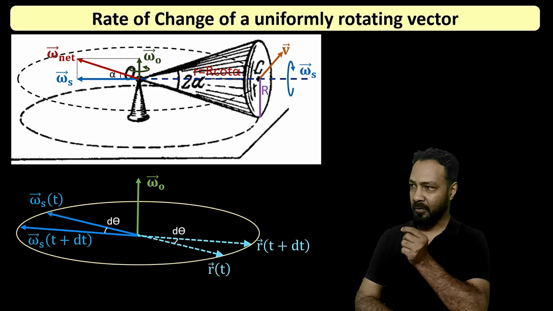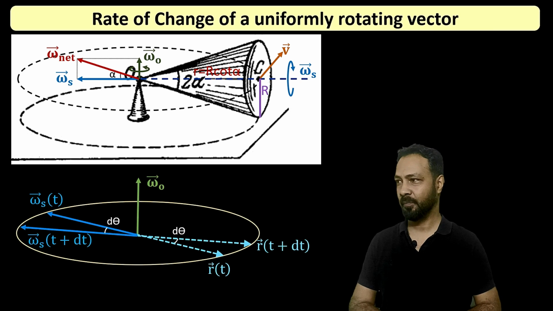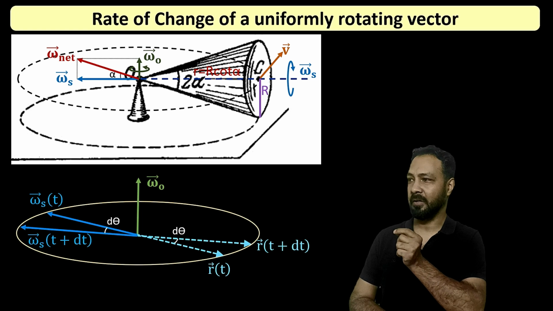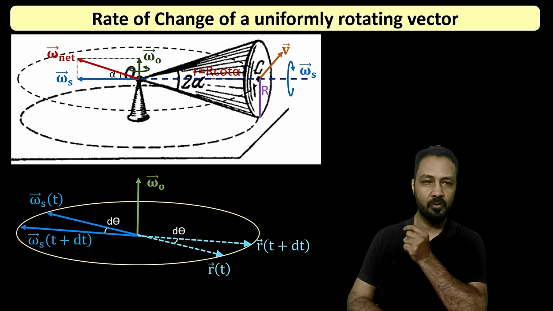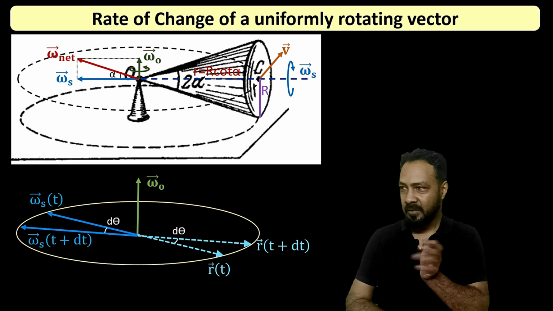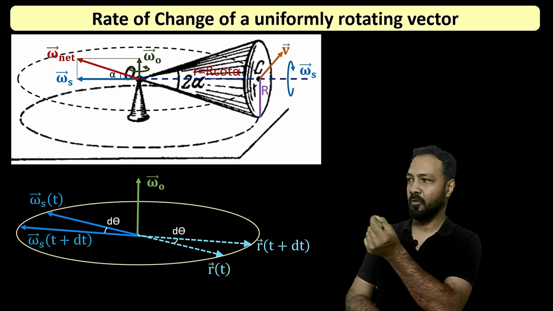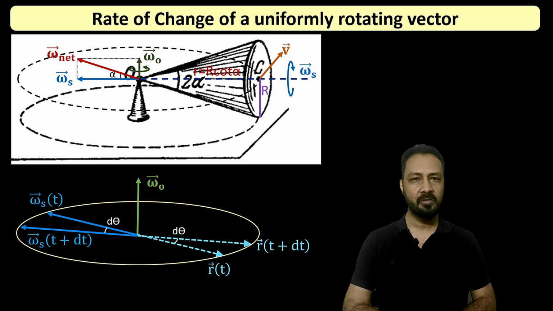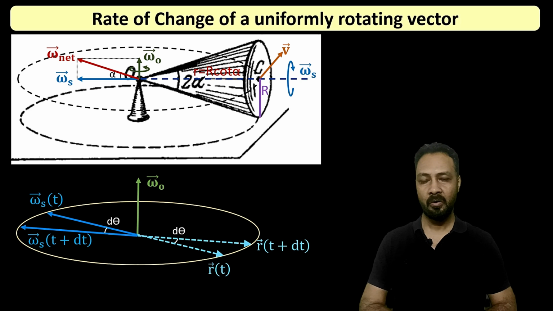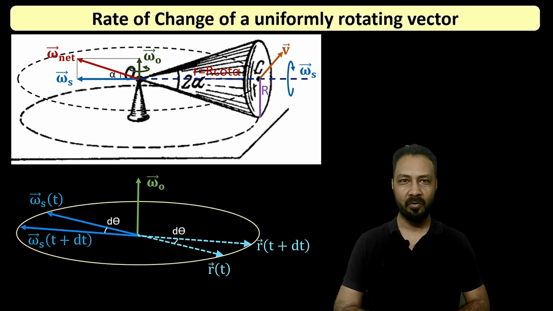And the spin angular velocity is rotating by exactly the same amount as this position vector R. The rate of change of this is the rate at which the position vector R is changing, that is omega O. The R vector is rotating this way and omega S is rotating this way, so the sense of rotation of the R vector and omega S are the same. So the omega S vector is rotating with an angular velocity omega O.